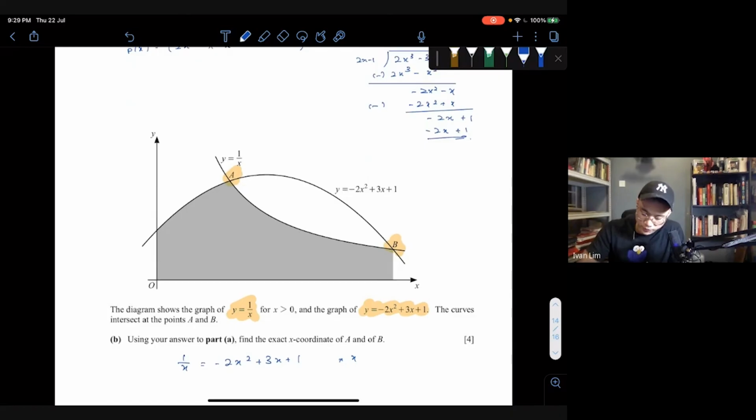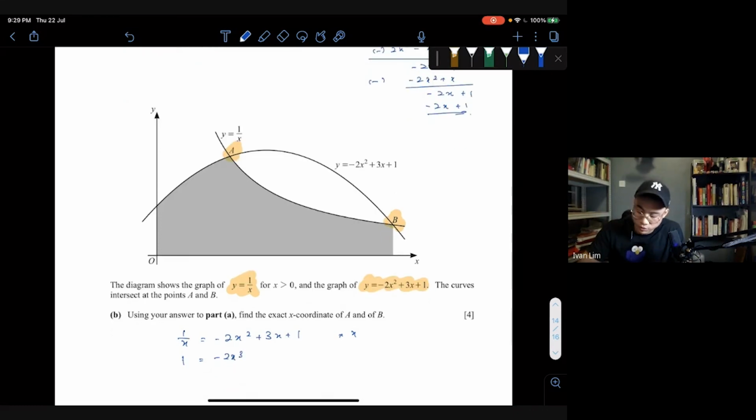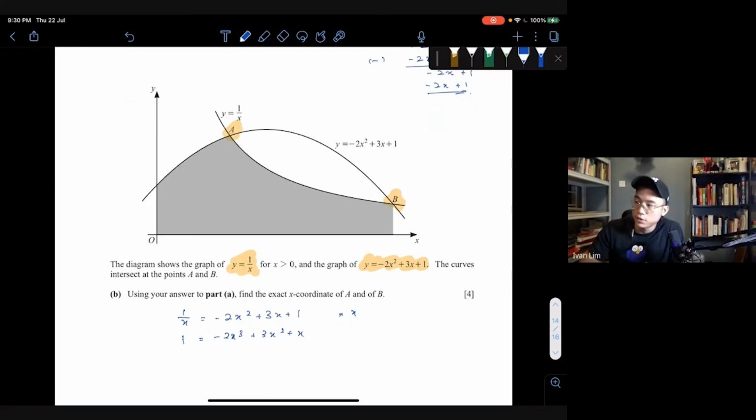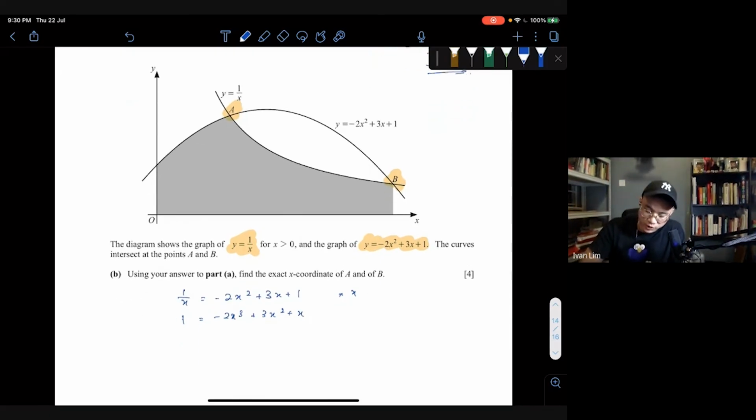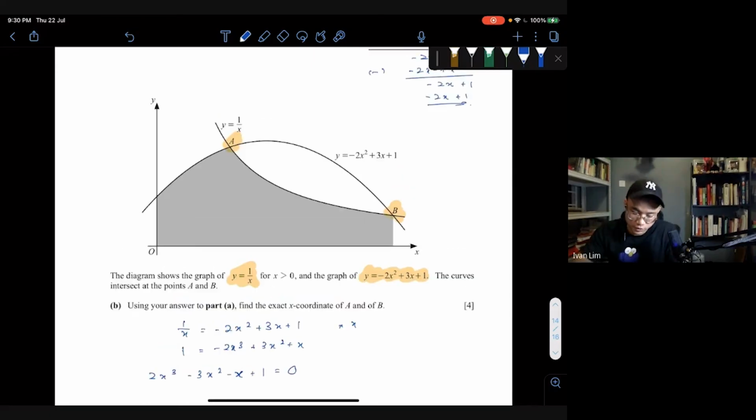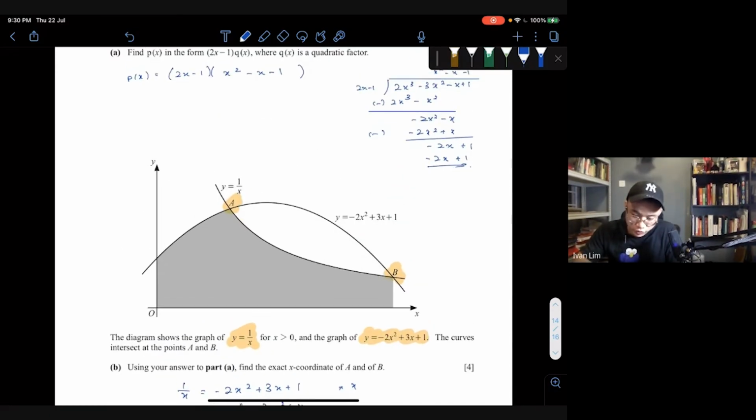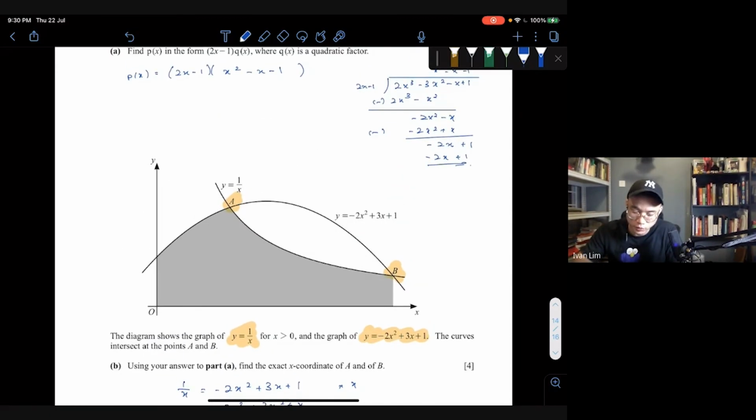You will get 1 equals negative 2x cubed plus 3x squared plus x. Okay, I shift everything to one side. 2x cubed minus 3x squared minus x plus 1 equals 0. Okay, you see, it's the same as the above right now. 2x cubed minus 3x squared minus x plus 1.